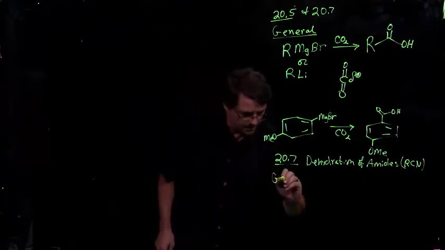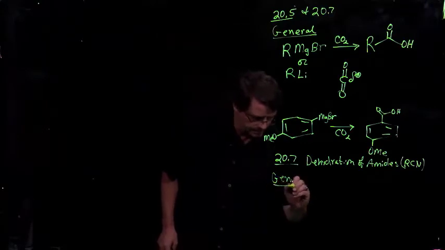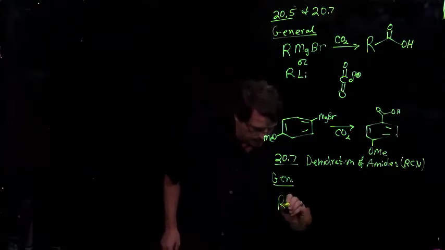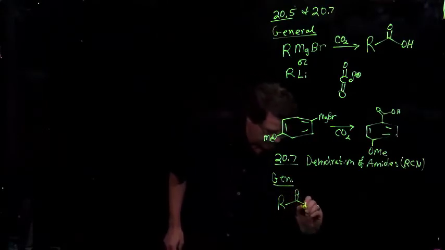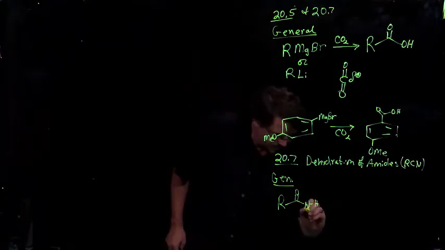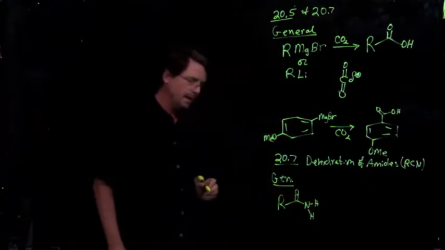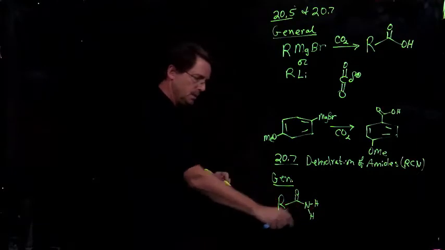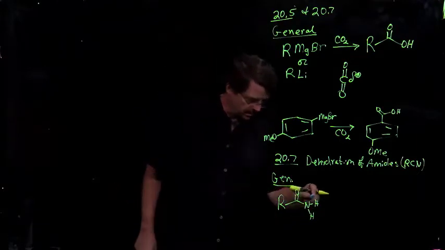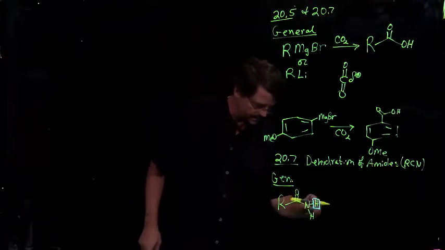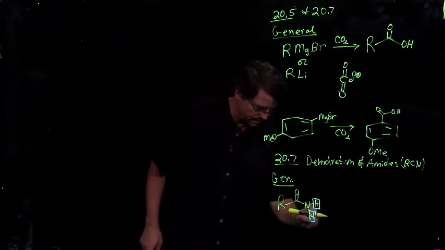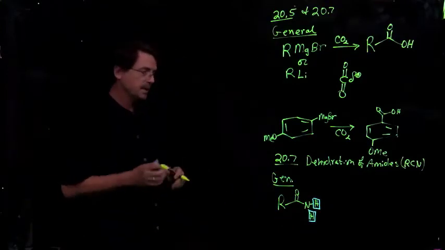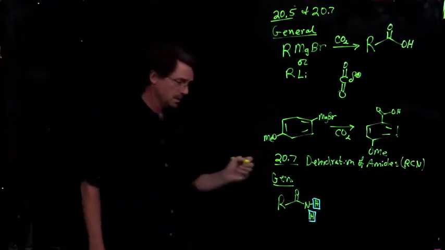And again, the general reaction is if we have an amide, but it needs to be what we would call a primary amide. So these hydrogens are required. You've got to have two hydrogens on the nitrogen of the amide for this reaction to work.